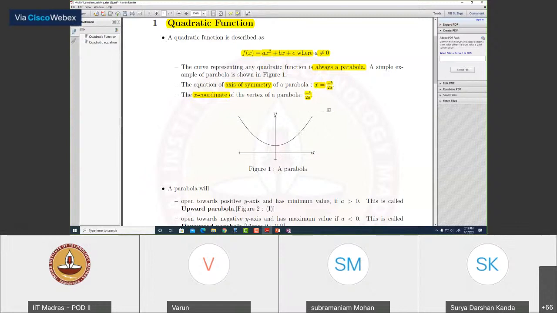Then you put the x value in the equation ax squared plus bx plus c, or whatever equation is given, and you find the y coordinate, that is f(x).